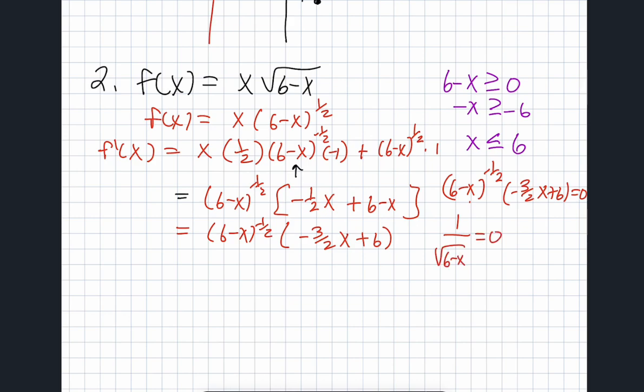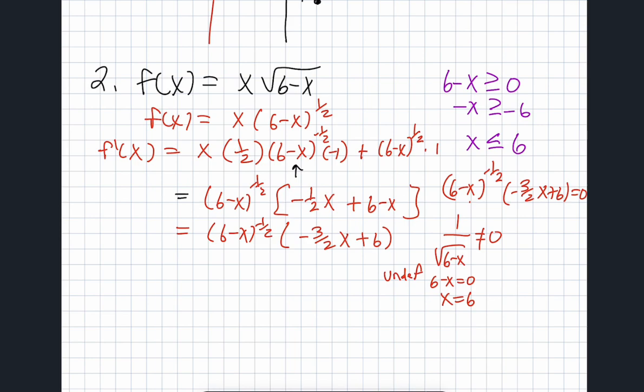And that is not going to ever equal 0. But it is undefined at 6, right? Because we can't have a 0 denominator. It is undefined when 6 minus x equals 0 or at 6. Great, okay? So that is a critical point.